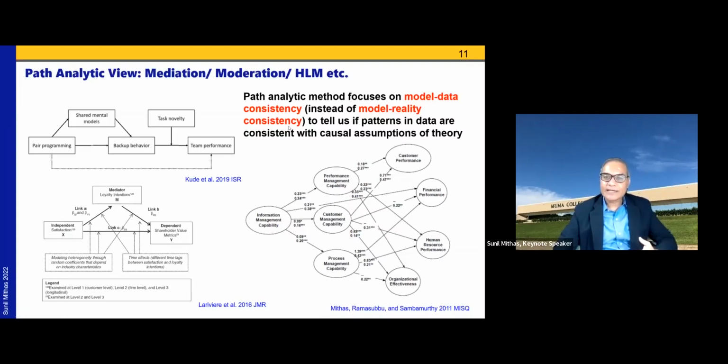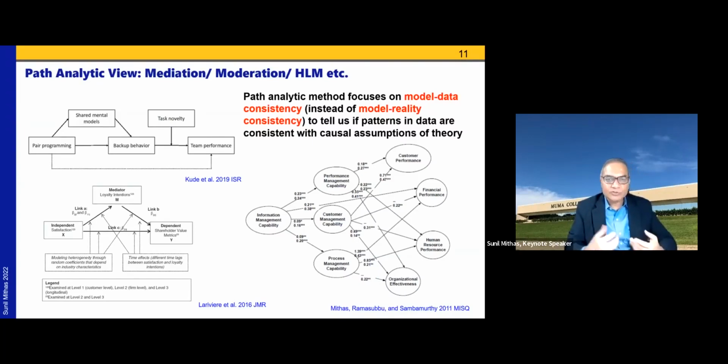So the point I want to make from this slide is that the path analytic view has been the workhorse in the information systems field ever since its beginning. At least, let's say, MISQ started in the 1970s, ISR started in the 1990s, and many of our papers that use a path analytic approach use logic like these: mediation, moderation.